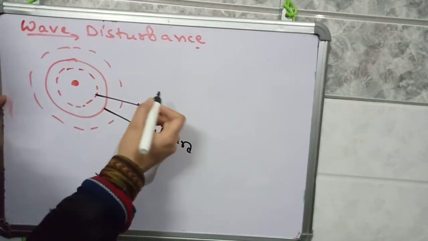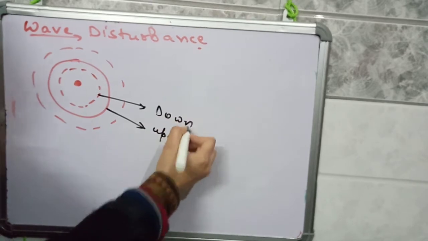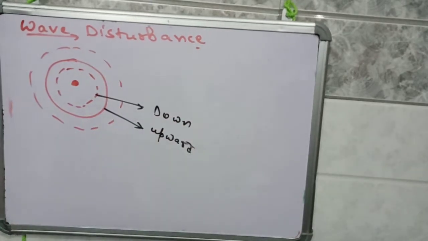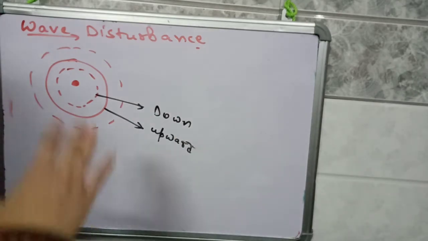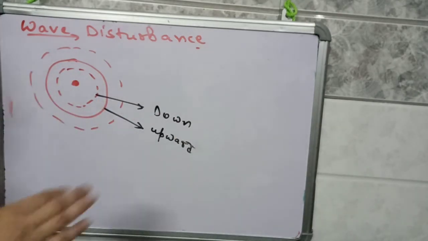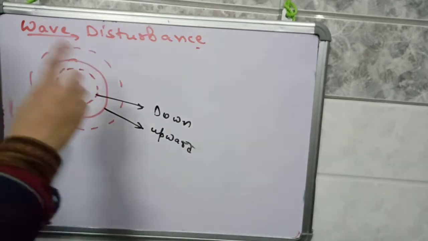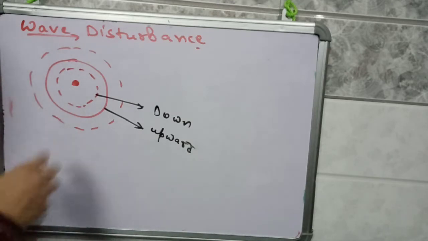So in water waves, some of the particles are moving in the upward direction, and some are moving in the downward direction. This is the upper view of the still water.